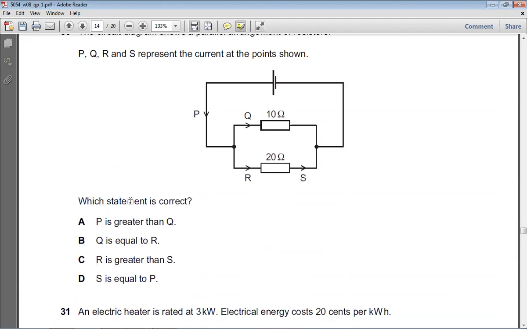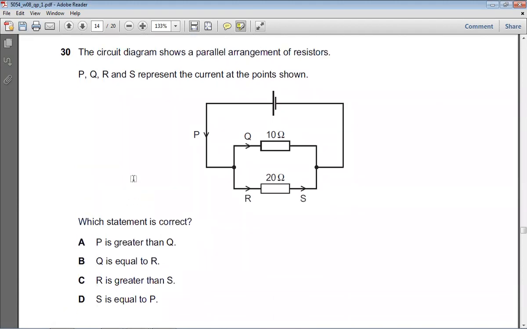Okay. So the next question, he says the circuit diagram shows a parallel arrangement of resistors. P, Q, R, and S represent the current at the points shown. Which statement is correct? You see, P is the current which came out of the battery.